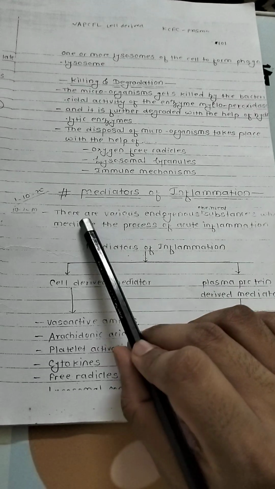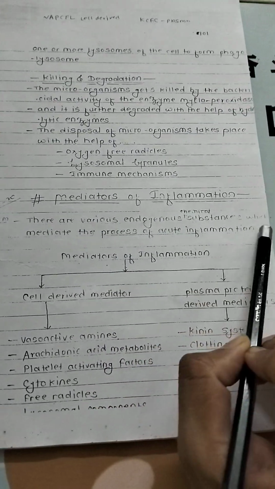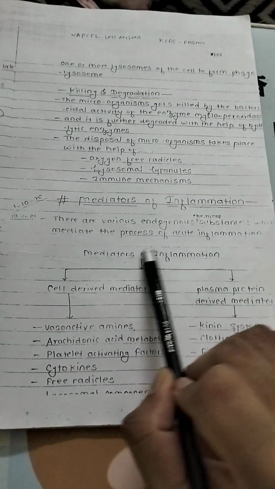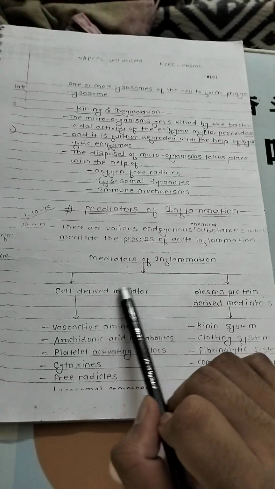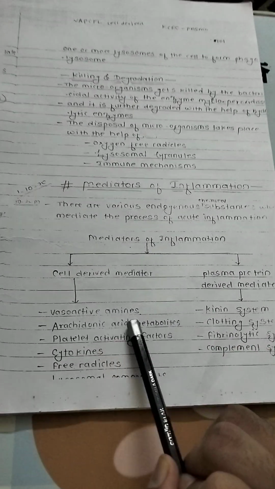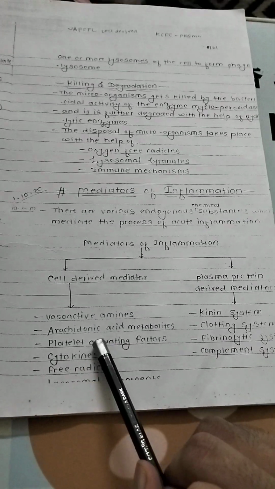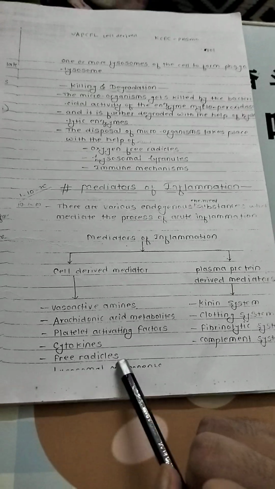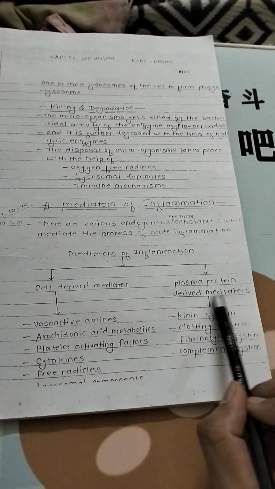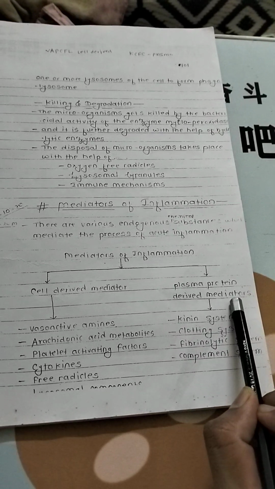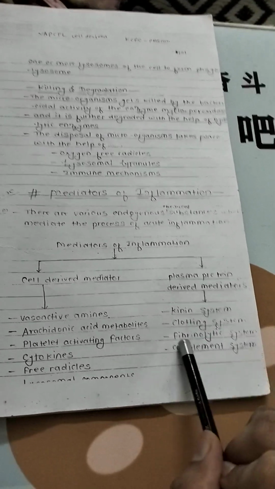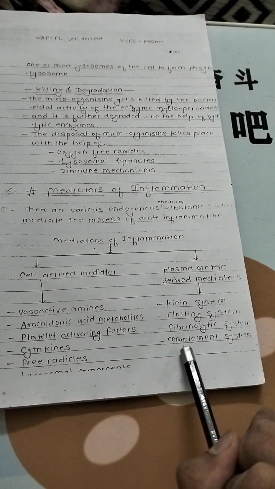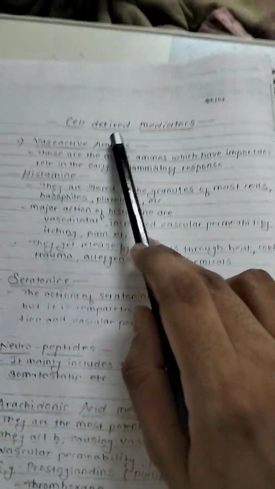Mediators of inflammation. There are various endogenous substances which mediate the process of acute inflammation. Cell-derived mediators: vasoactive amines, arachidonic acid metabolites, platelet activating factor, cytokines, free radicals. Plasma protein derived mediators: kinin system, clotting system, fibrinolytic system, complement system.